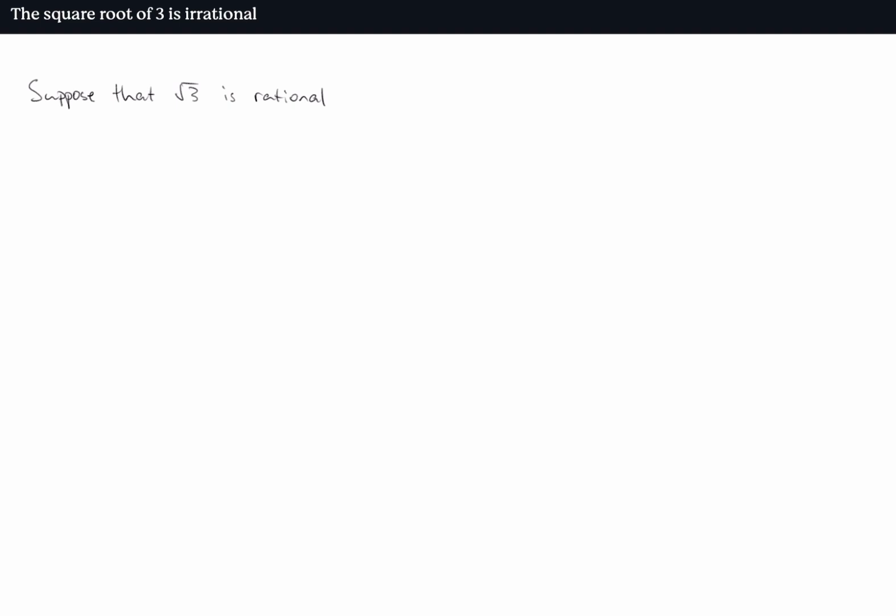If it were a rational number, then we could say root 3 is the quotient a over b, where a and b are both integers. And you should be able to write this in fully simplified form. Another way to say that is the greatest common divisor of a and b is 1.